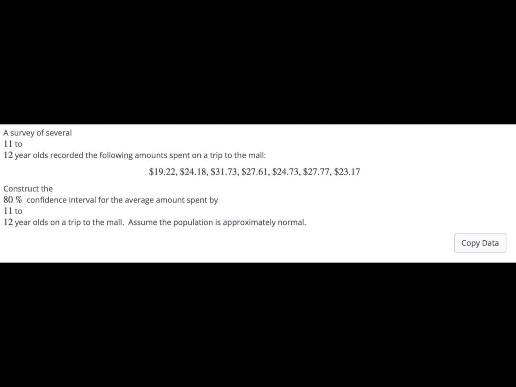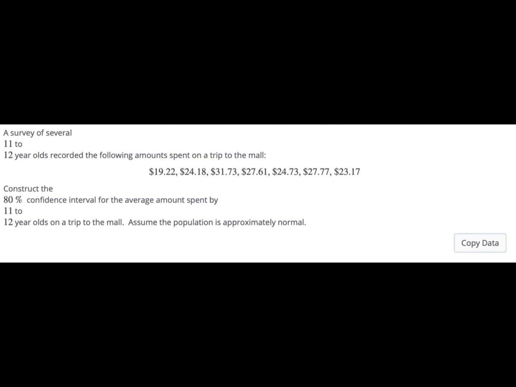So in this case, you would put in 0.8. It should then give you back some interval. Now, my interval that I got was 21.80 and 29.18. So that was the interval that I got.